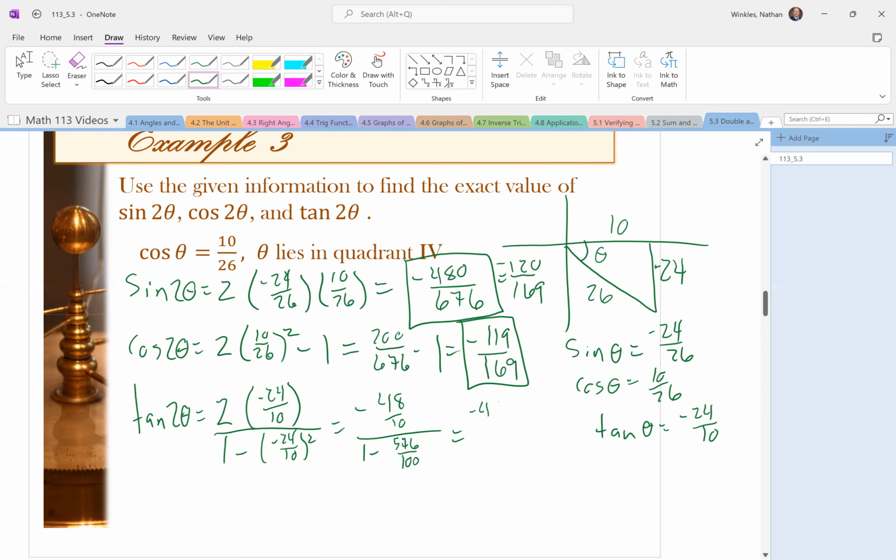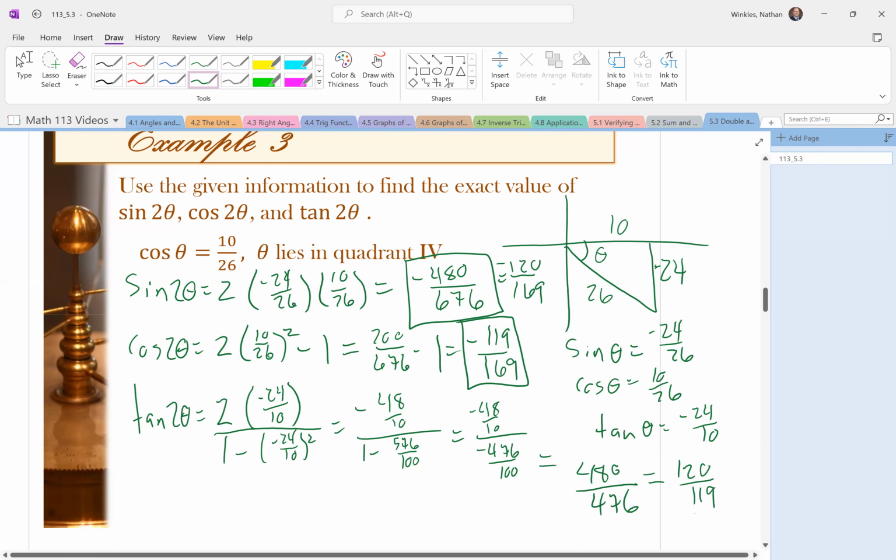So we get negative 48 over 10 divided by negative 476 over 100. This would reduce to 480 over 476, which is going to give us 120 over 119.